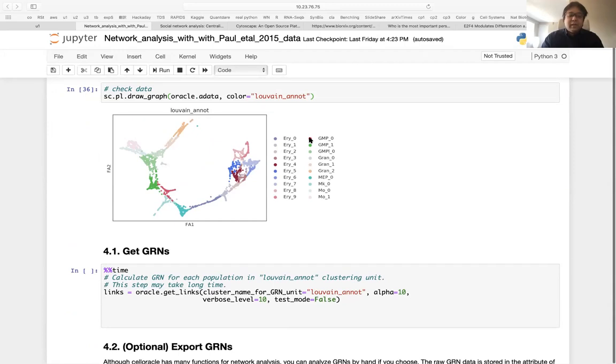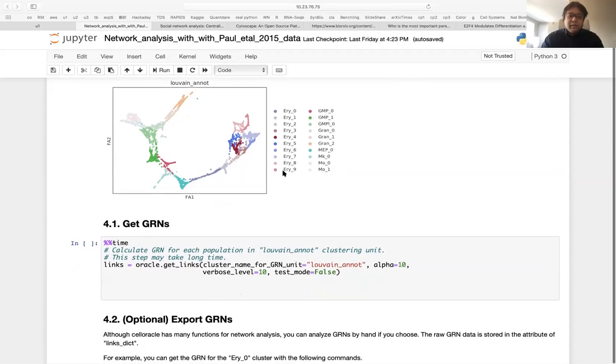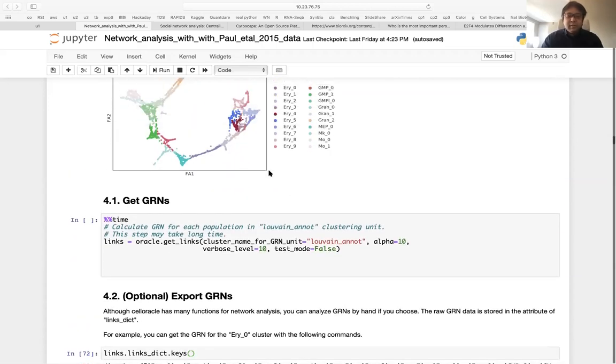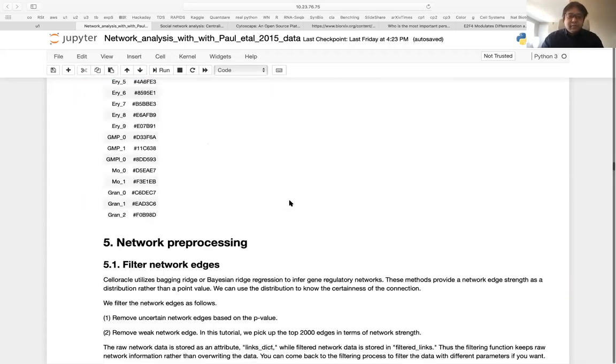There are 25 clusters here, and you have calculated the gene regulatory network for each cluster. I mean, you have many GRNs which represent the cluster specific connections, or the cluster specific gene regulatory network.